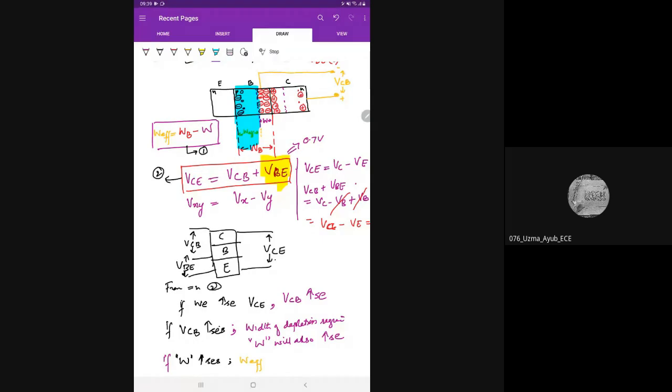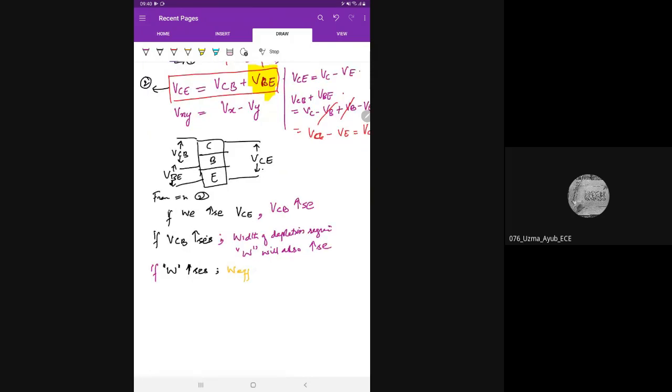See, the effective width is equal to WB minus W. So you have a mathematical relationship, something X is equal to Y minus something. So if this term increases, what will happen to it? It will decrease. And it is also evident from the diagram. Effective width plus W is equal to the actual width. When W increases, the effective width has to decrease, okay? If this negative term increases, this has to decrease.